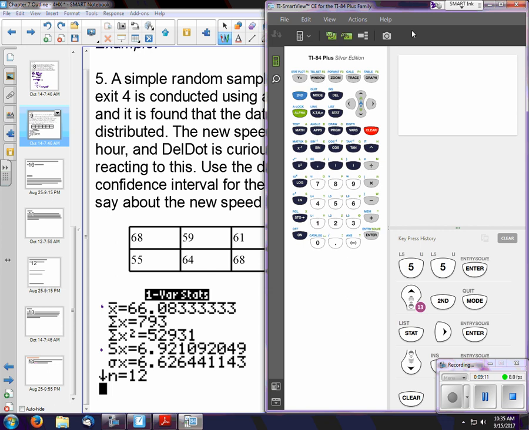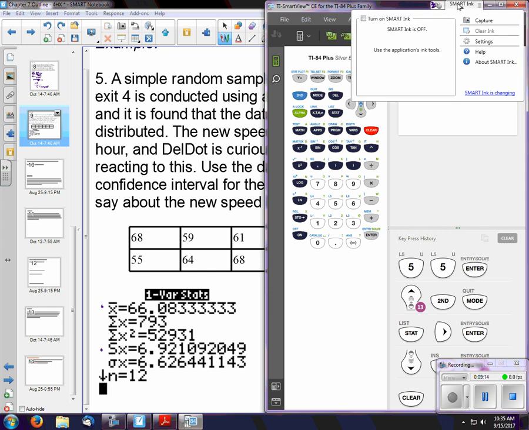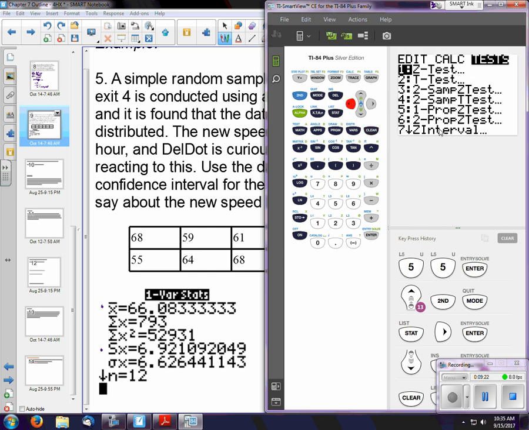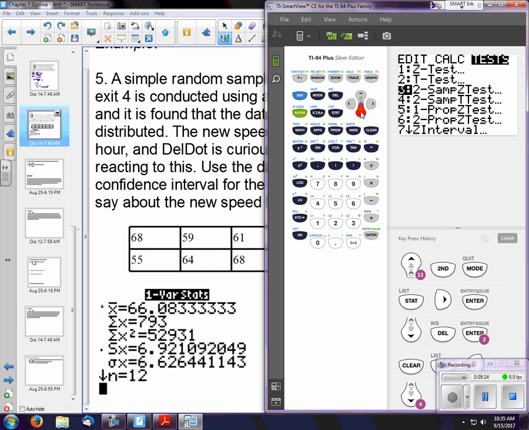If you wanted to use the calculator to find your t-interval here, and also you could do that to get your margin of error, go to Stat, Tests, and scroll down until you find your t-interval. Anytime you have to calculate data like this, make sure if it's a sample set of data like we have here, this is not the only number of drivers going, that you're using your sigma unknown situation.